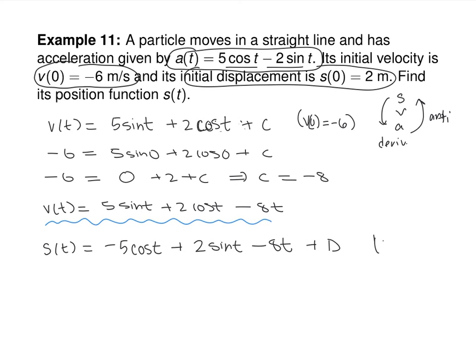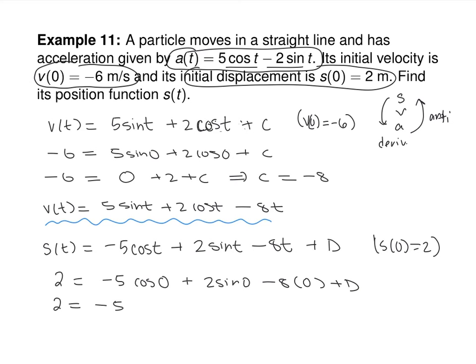And you know that s of 0 equals 2. So 2 will equal negative 5 cosine of 0 plus 2 sine of 0 minus 8 times 0 plus d. So 2 equals negative 5 plus d, which implies d equals 7.